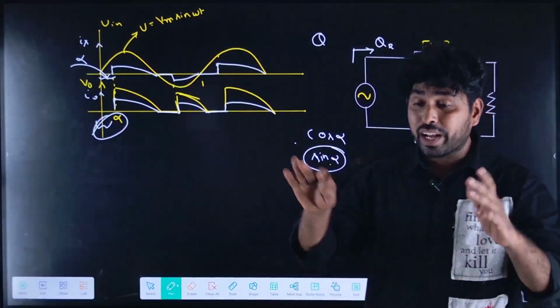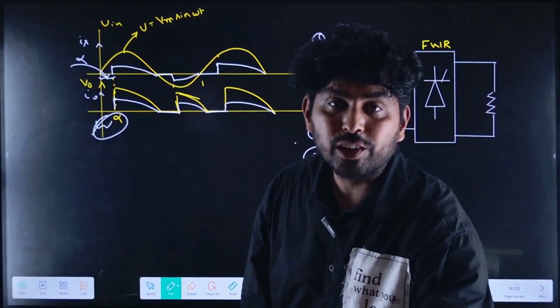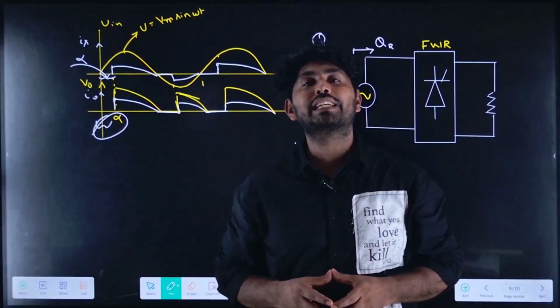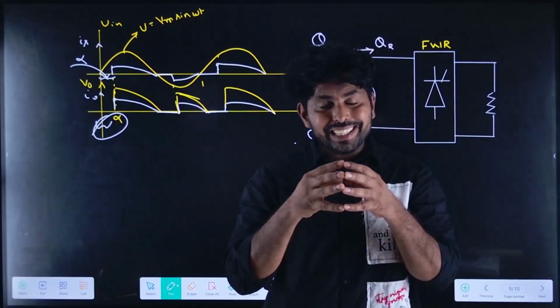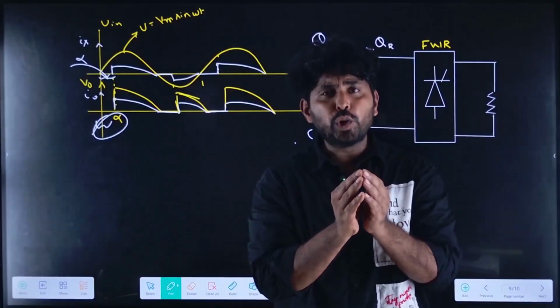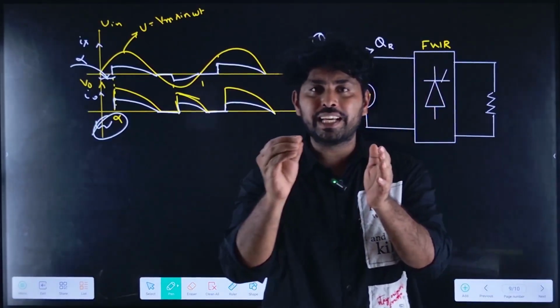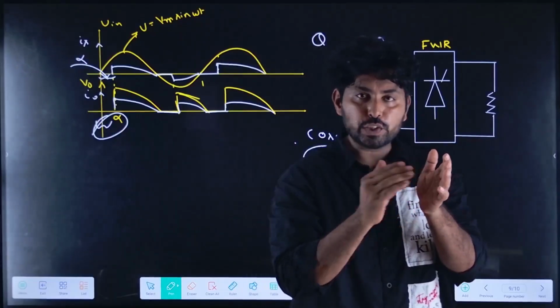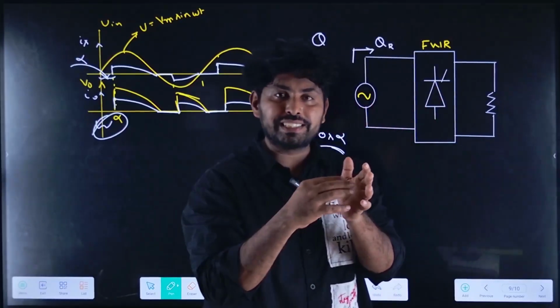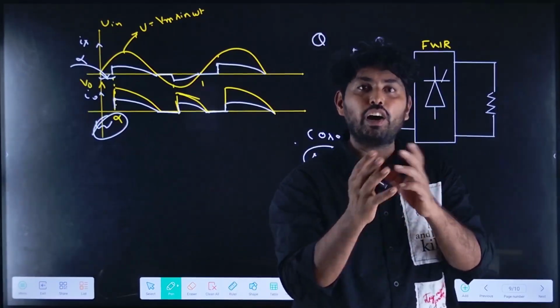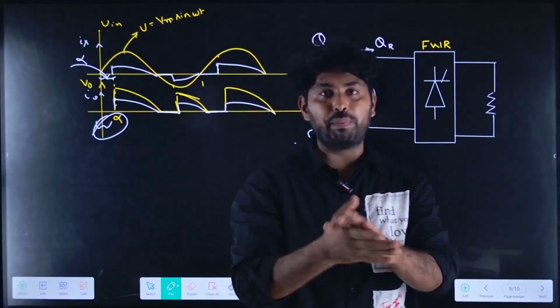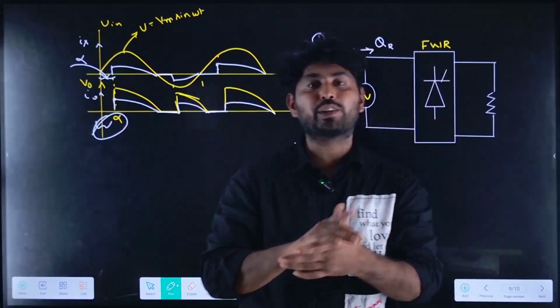Overall, let me conclude the session. In complex power, the reactive power is the imaginary power. In a power triangle, it is the V I sin phi component, which is the reactive component.